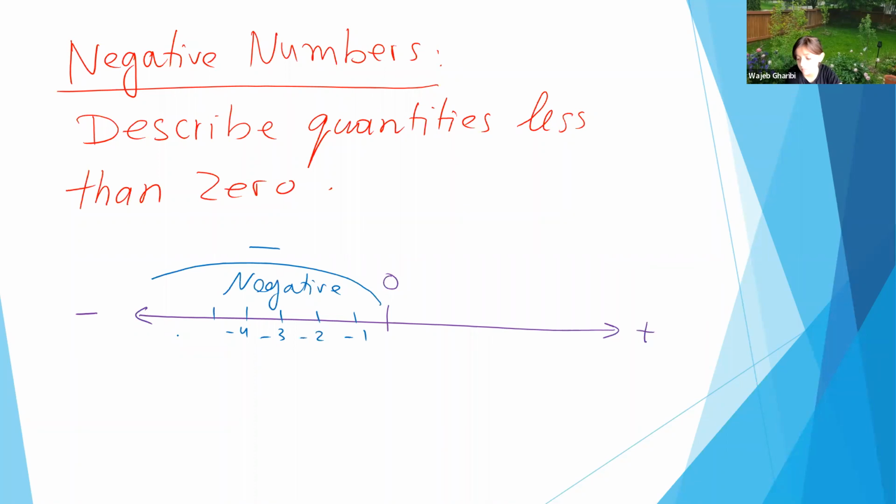Negative 5 is less than 0. Negative 15 is less than 0, and negative 12.5 is less than 0. So these numbers are negative, okay?